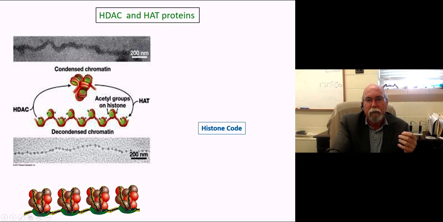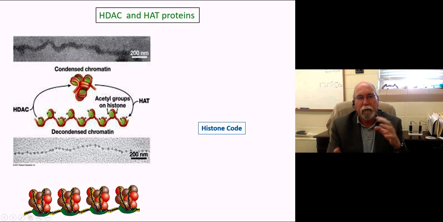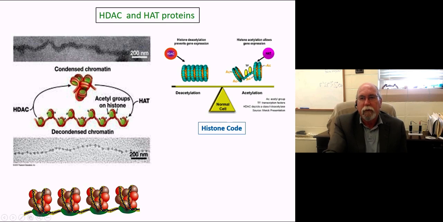We get opening, and it's a sort of a back and forth reaction that occurs. There is a family of enzymes known as HDAC. Okay, these are histone deacetylators. And there is a complementary set of enzymes that actually catalyze the acetylation, that are called HAT. And these are histone acetylators.